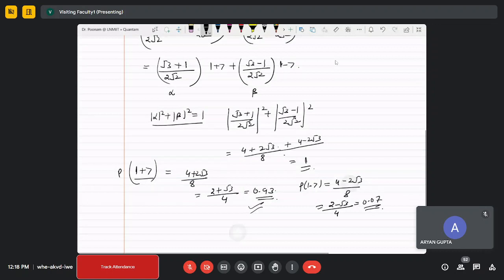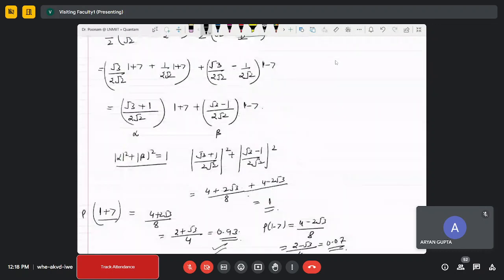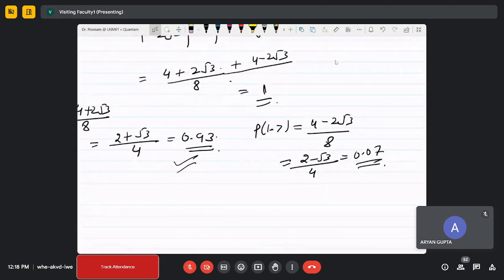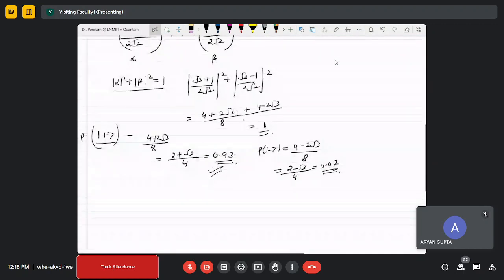This conversion is clear, how I have converted the base from 0 1 to the x plus and minus, that means the basis for the x axis. Any confusion in this?